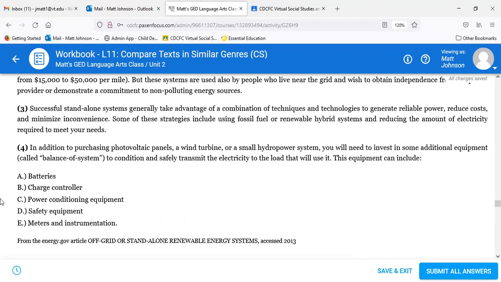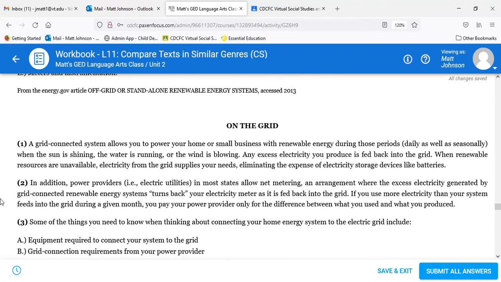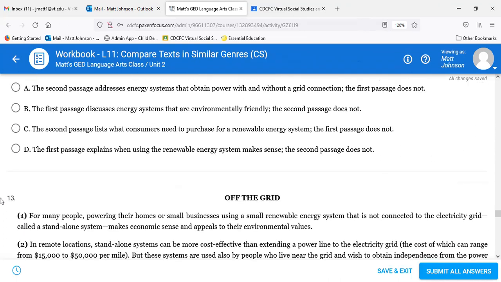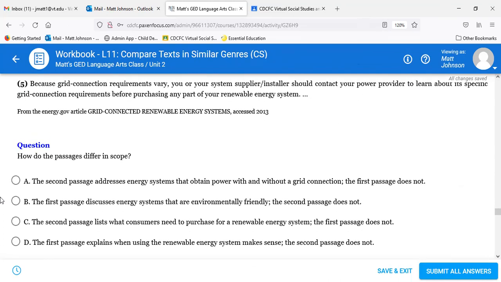And continuing with on the grid, off the grid. Let's see here. Etta, could you read number 12? Okay. How do the passages differ in scope? A, the second passage addresses energy systems that obtain power with and without a grid connection. The first passage does not.